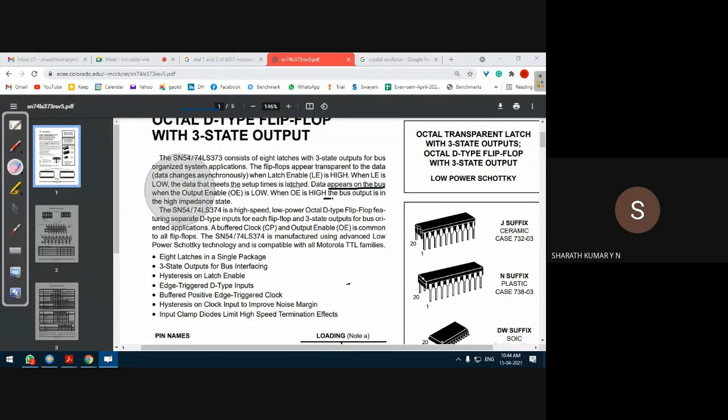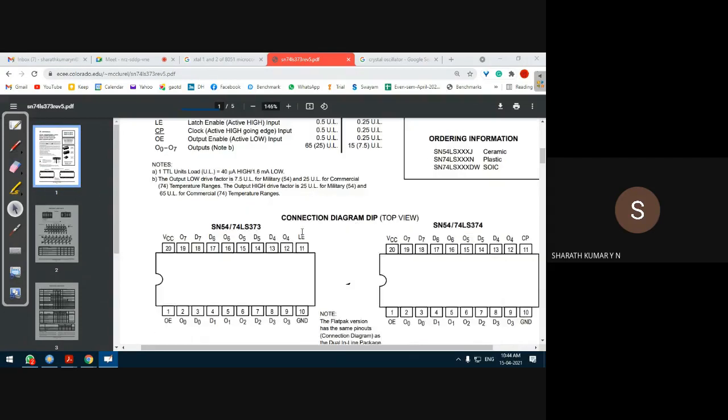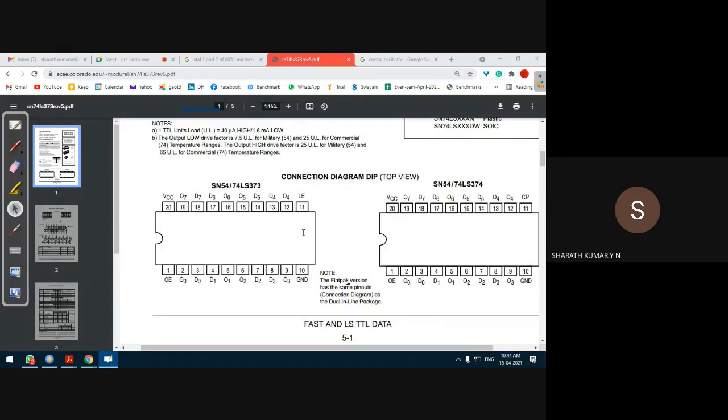Let me check if the pin diagram is given here. OE bar, output enable, pin number 1. Sorry, not output enable, guys, we are looking for the G pin. CP we found, output enable. 74LS373.